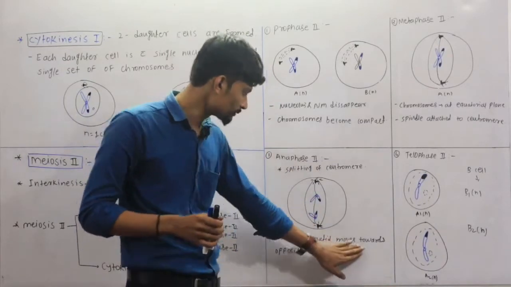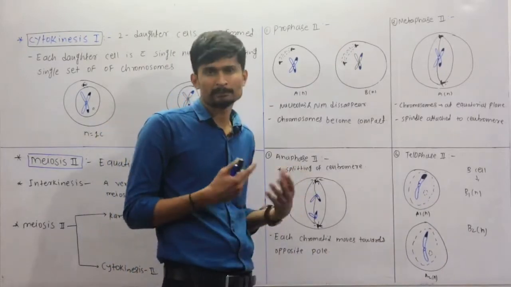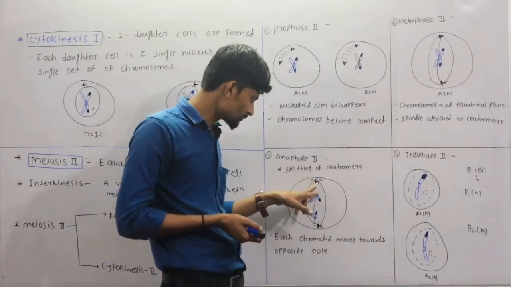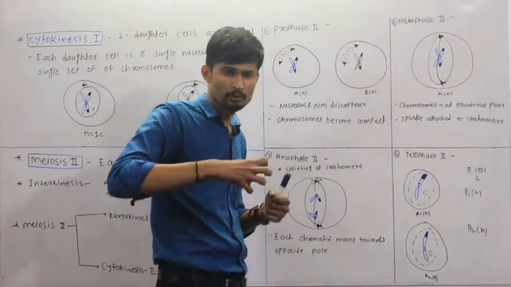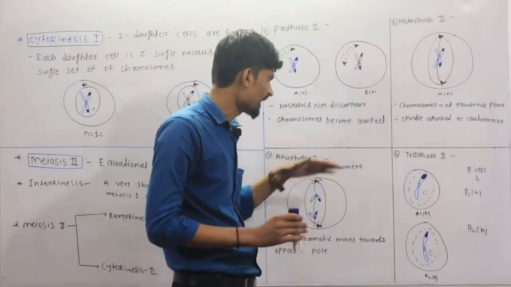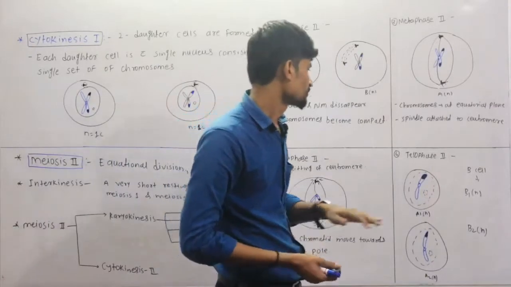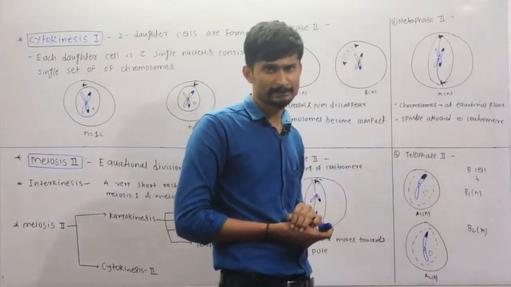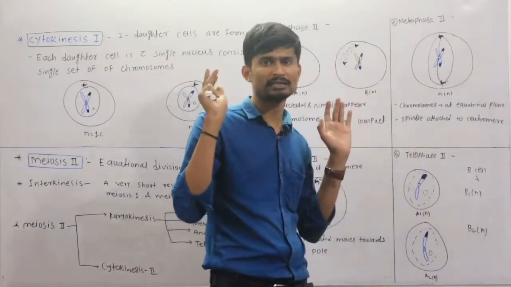So each chromatid moves towards the opposite pole in anaphase second. You know the forces: the chromosomal fiber contracts and the interchromosomal fiber stretches. And the last phase is telophase second. So what actually happens in telophase second? I am showing the complete telophase second as well as the cytokinesis second.